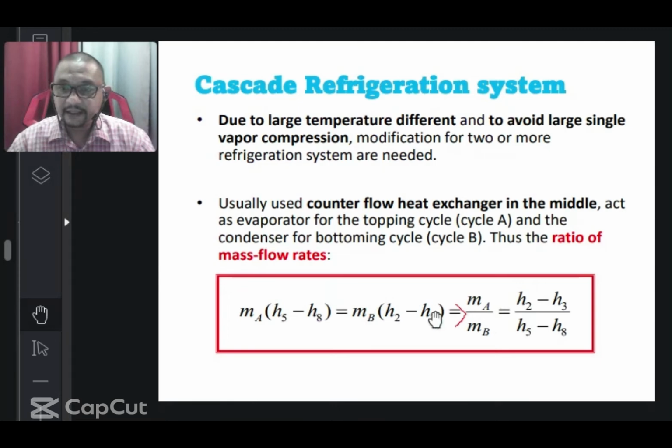From there, we can get the ratio of the mass flow rates, which is equal to (h2 minus h3) divided by (h5 minus h8). This is the formula to calculate the ratio of the mass flow rates for a cascade refrigeration system.